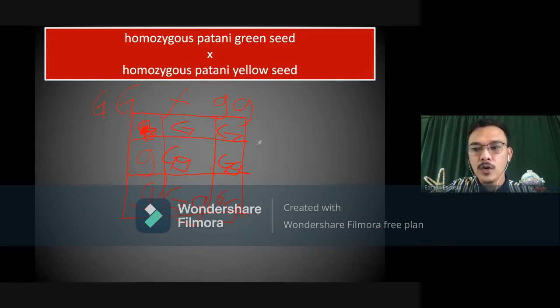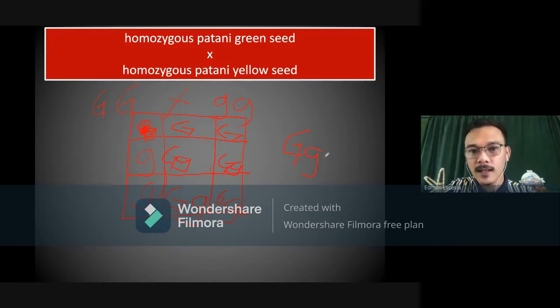This time, we are going to describe the characteristics of the resulting offspring. Since all of the offspring have the same genotype, the genotype is capital G and small g. This is for all offspring. And how are we going to describe this in terms of the phenotype? What do you think?